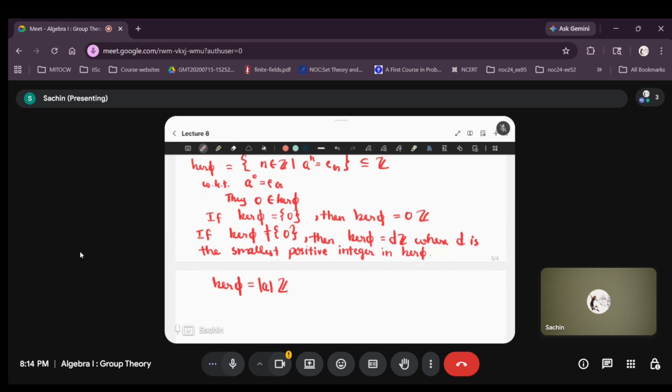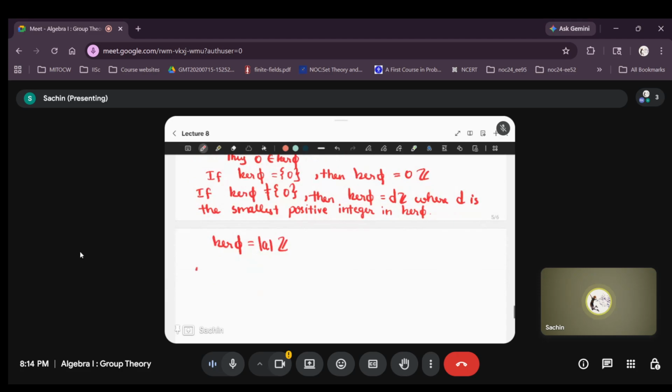This has a structure like this because the domain is the set of integers, and all the subgroups of Z have this nice property that they are of the form dZ, or it is simply the zero subgroup.